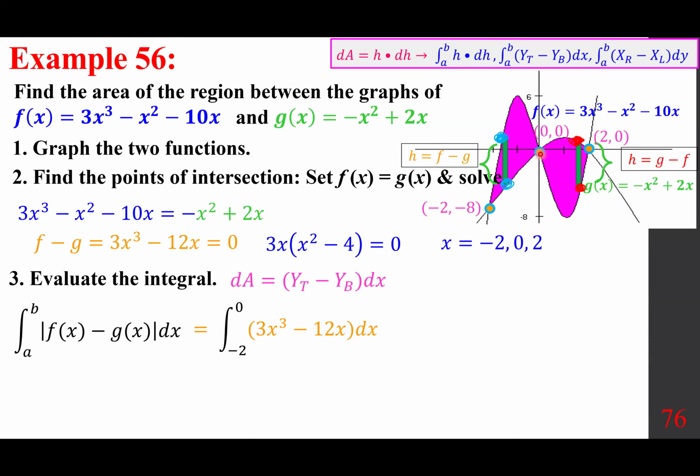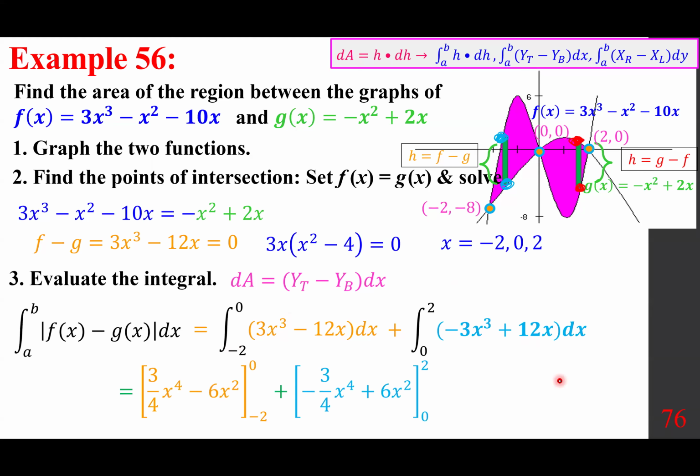In the second case, we go from this point to this point. That's why we go from 0 to 2. So I hope you see how we arrive at the limit. So this one is 3/4 x to the power of 4 minus 6x squared from -2 to 0. This one is now the same thing, but negative. Negative 3/4 x to the power of 4 plus 6x squared from 0 to 2. And you can evaluate each one, add them up, and the result will be 24.